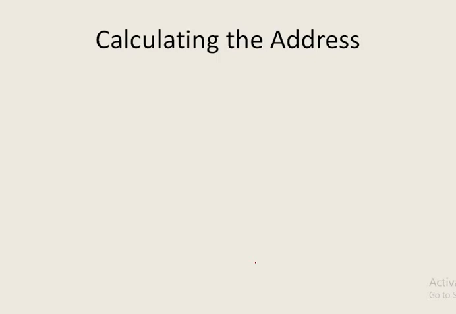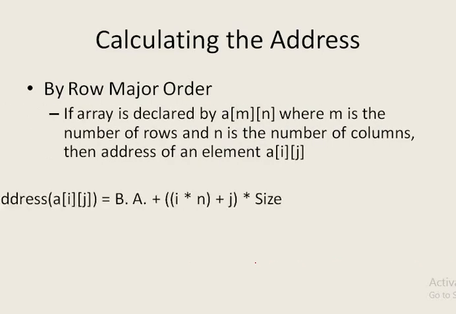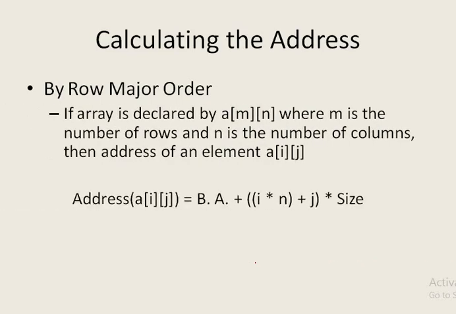Now we will see how to find the address of a particular element in a two-dimensional array. This also involves two methods. If the array elements are stored in row major order, then the address can be calculated using the following formula. Address of a[i][j] is equal to base address plus (i into n plus j) into size.